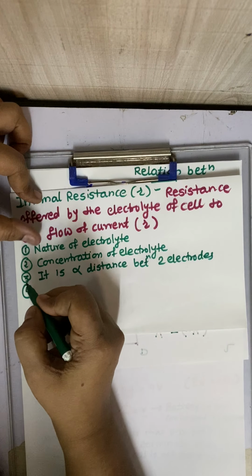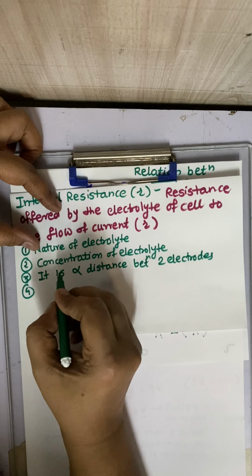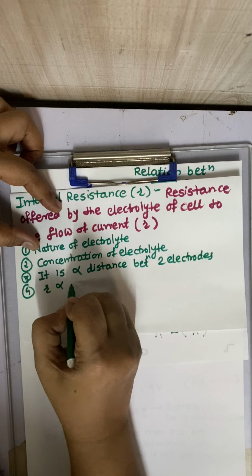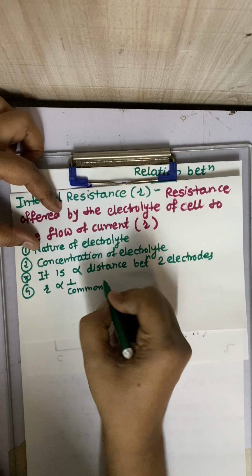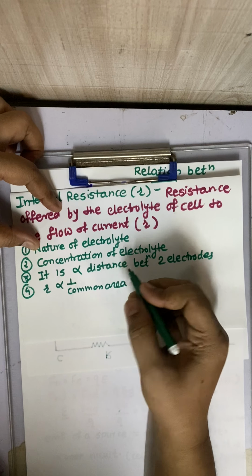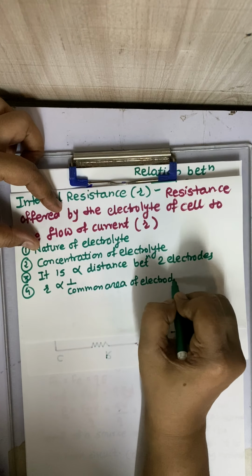The next point, it varies inversely as the common area of the electrodes. So r is inversely proportional to the common area of electrodes immersed in the electrolyte, which are dipped in the electrolyte.